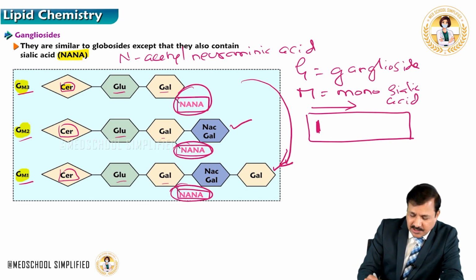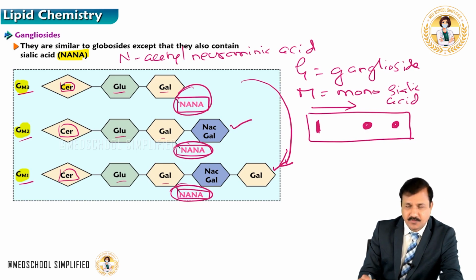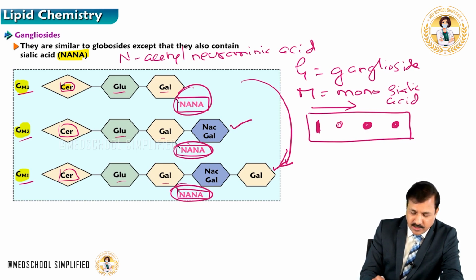That means GM3 ganglioside will move faster, and then GM2 will move behind GM3, and then GM1 does not move much.